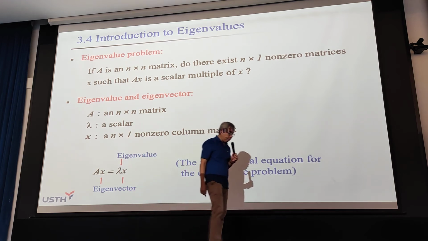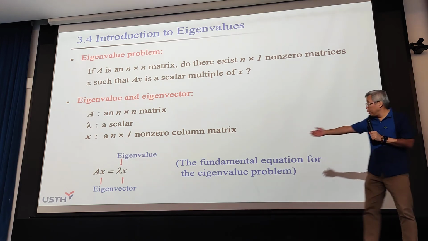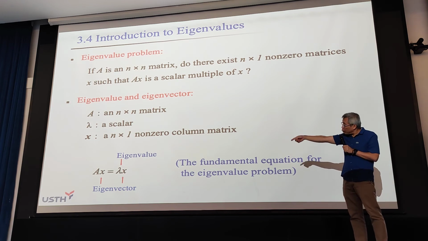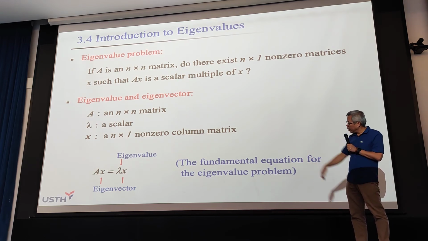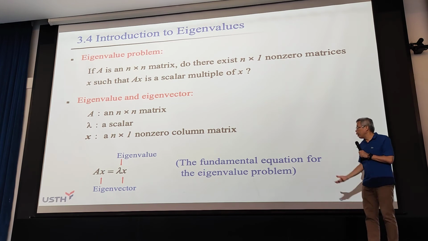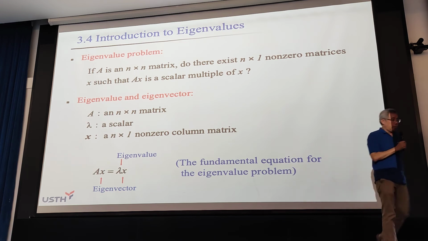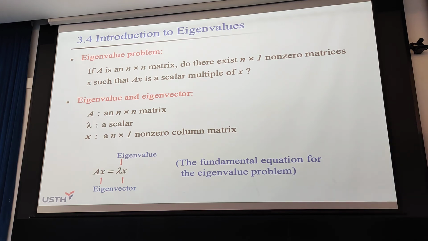We call it an eigenvector of A. So that is the definition. And the equation like that, because we need to find lambda and we need to find x, is named the fundamental equation for the eigenvalue problem. Now you can imagine, once again, one of your exercises will be the following. Given a square matrix A, you need to find the eigenvalues and the eigenvectors of that.